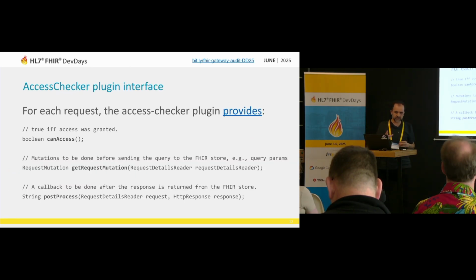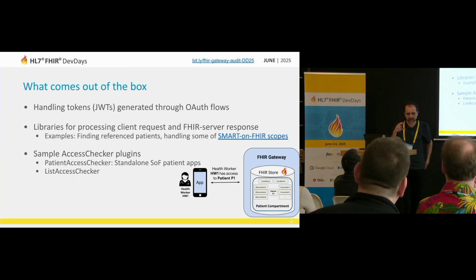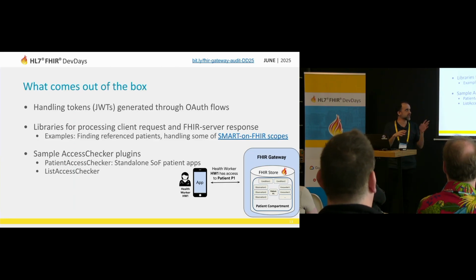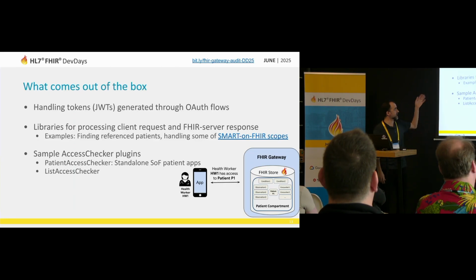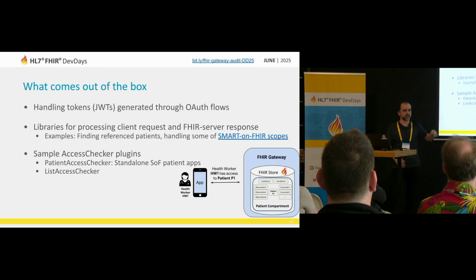So this is the interface of the access checker. I just skipped this one. The slides are available. So what comes out of the box with the Info Gateway? All of the handling of the JWT, verification of it, and extraction of claims, that's what the implementers get for free. The other is that there are libraries to deal with common access patterns.